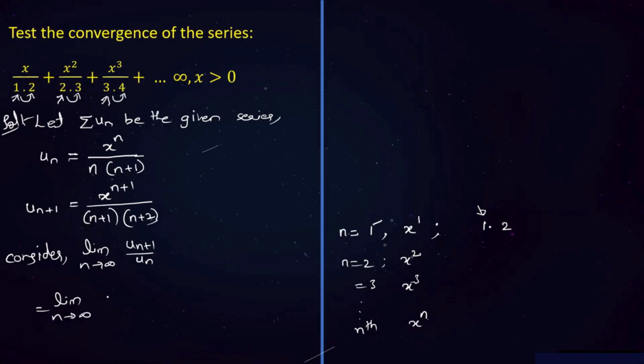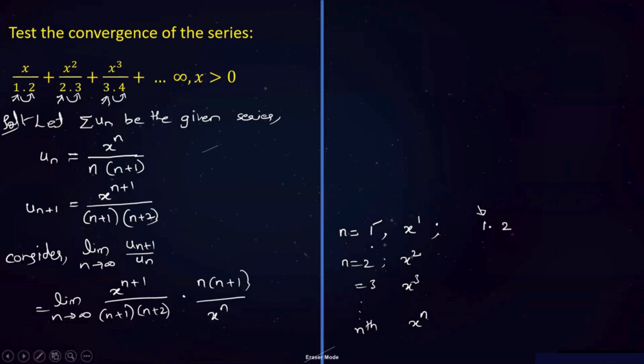Let me first write un plus 1. It is x to the power of n plus 1 divided by n plus 1 into n plus 2. This is un plus 1. And then in the numerator, I'm taking the reciprocal of un. So we'll get n into n plus 1 in the numerator, and in the denominator it is x to the power of n.